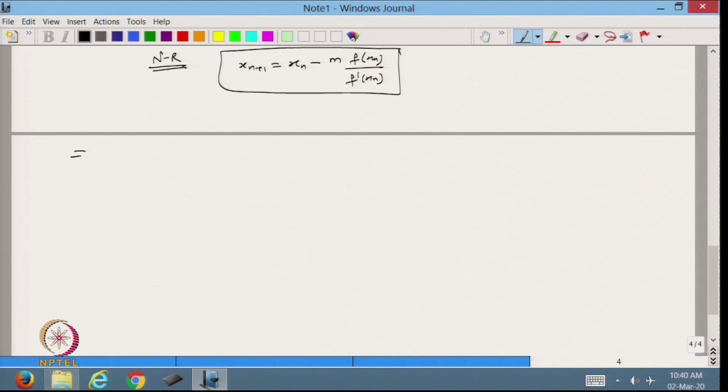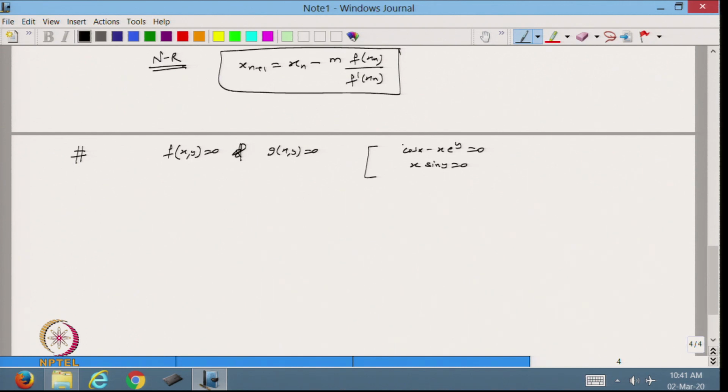Now, we will go further, and suppose we have a system of equations, like suppose I have f(x, y) equal to 0 and g(x, y) equal to 0. For example, I have the equation cos x minus x e^y equal to 0, and in another equation I have x sin y equal to 0.